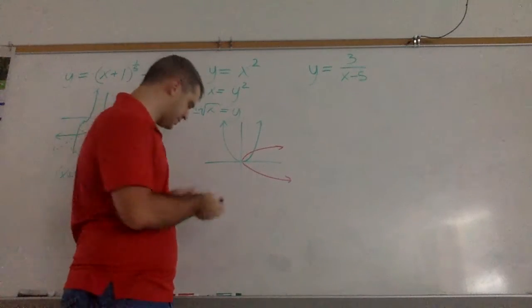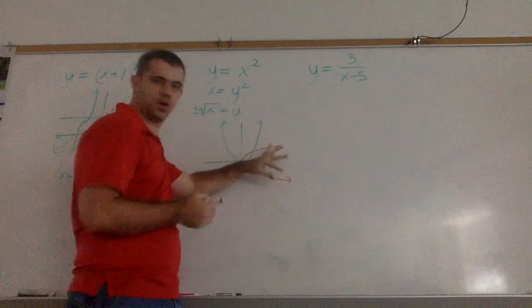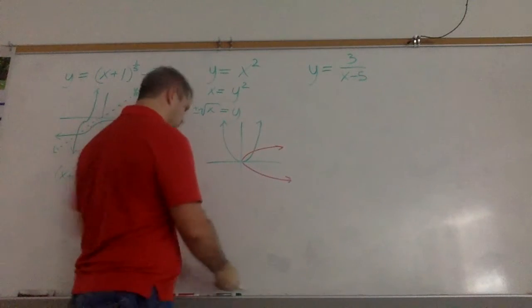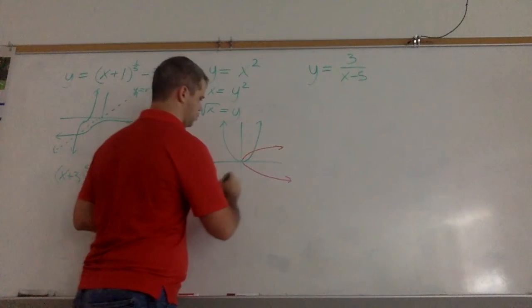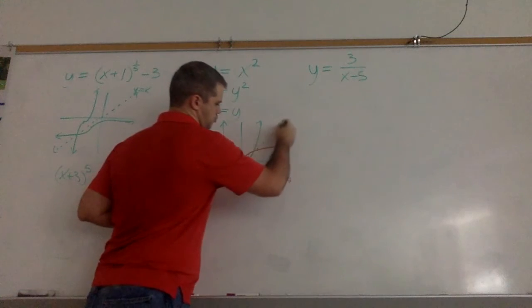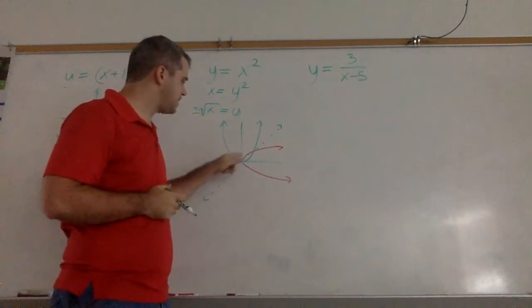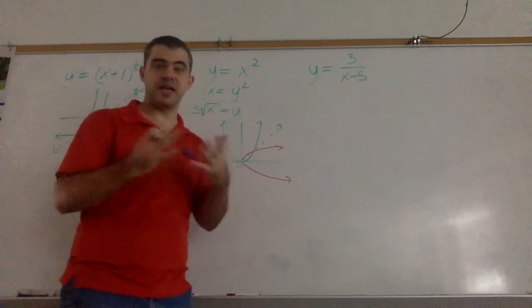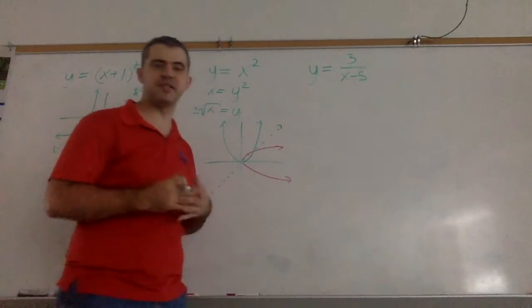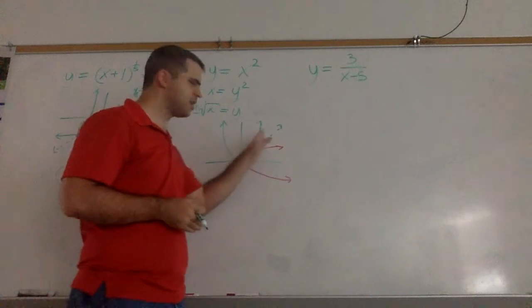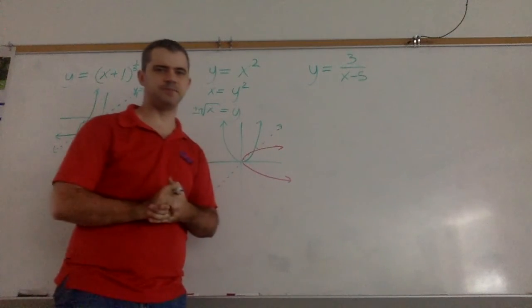Now, you'll notice it's that same reflection over the line y equals x. Okay, so it definitely is the inverse, but the problem is this red part is a function, this purple part is a function, but together they fail the vertical line test.